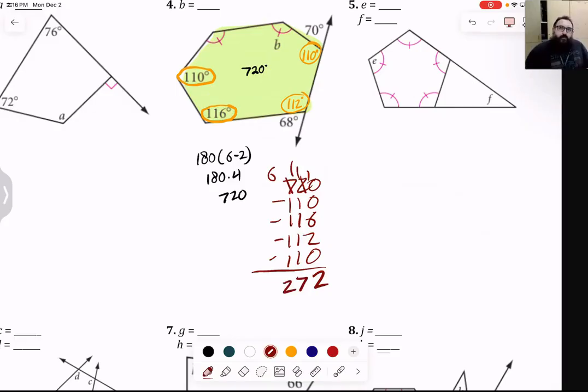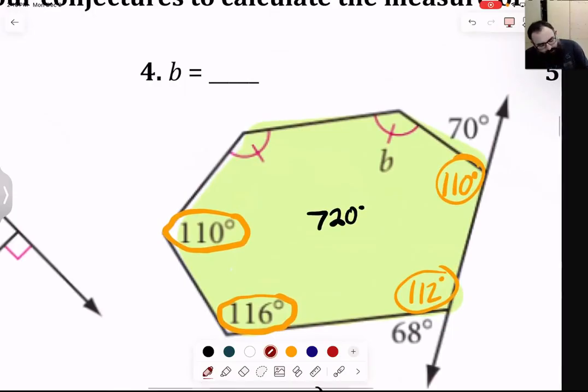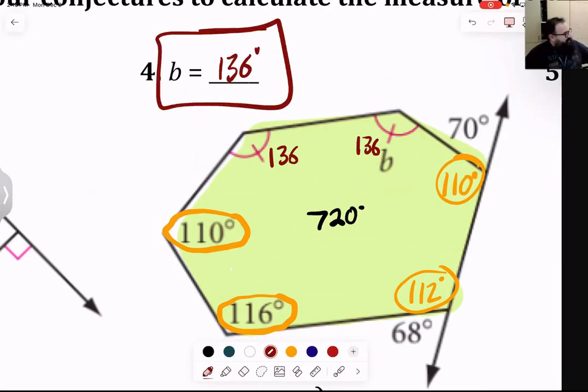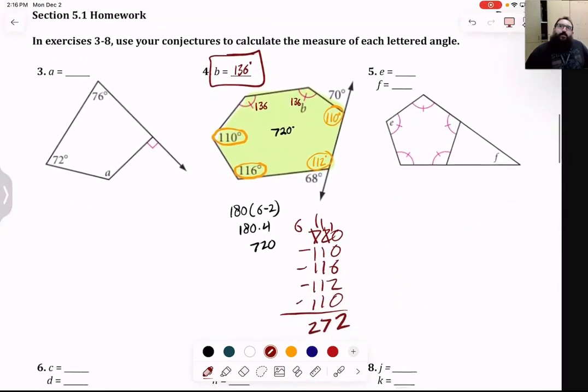What would I do with that 272? Divide it in half, and that would give me 136. So that means B is 136. Isn't that kind of cool?